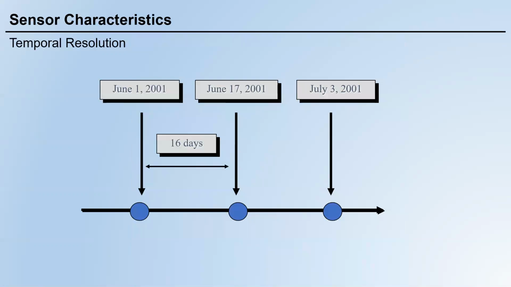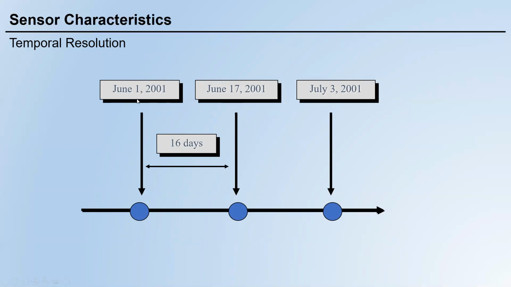Okay. Next, temporal resolution. This one is very straightforward. It's also called revisit period or revisit time. It means the time interval between two successive visits to the same area. For example, a satellite is flying over a specific area, let's call it area A, on June 1 of 2001.